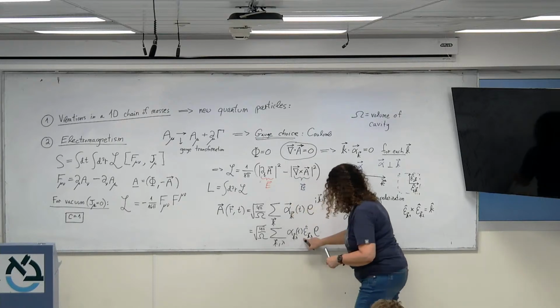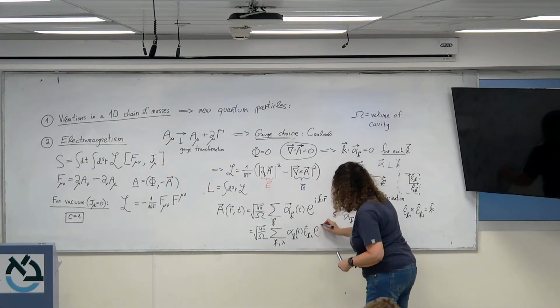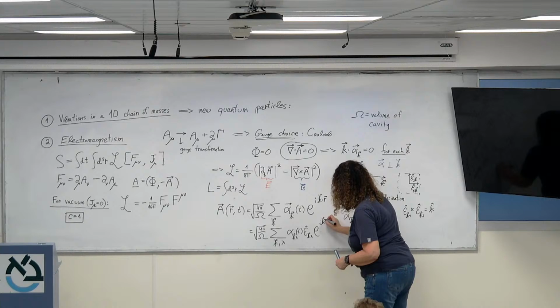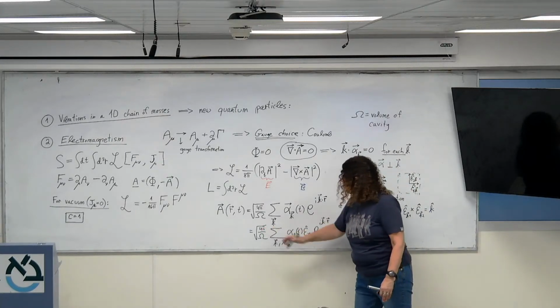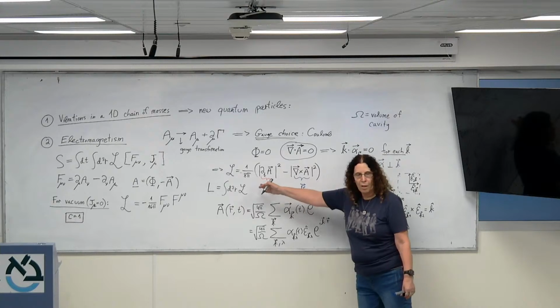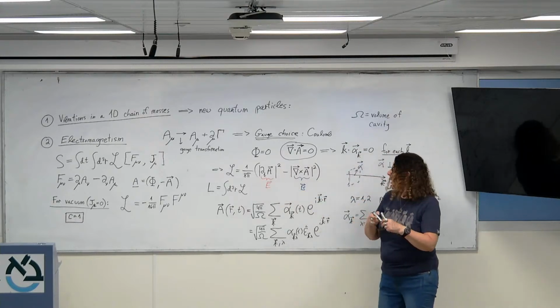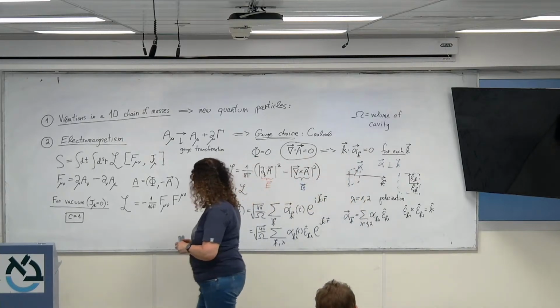This is what determines the vector nature, right? It's a unit vector, and then I have these exponents that convert it to real space. So that's the full representation of A, and we plug it into this Lagrangian and get the following result.